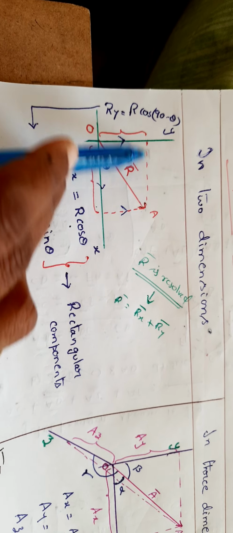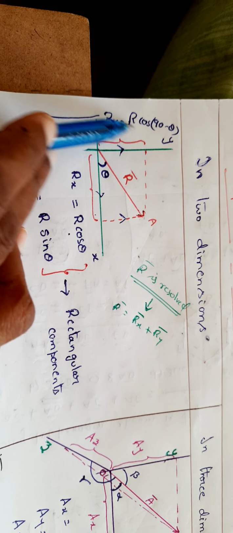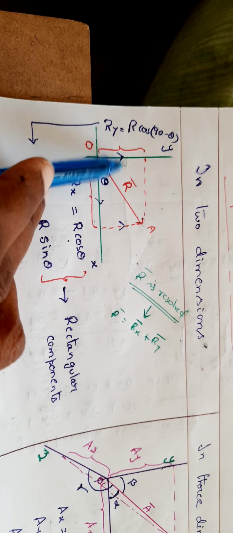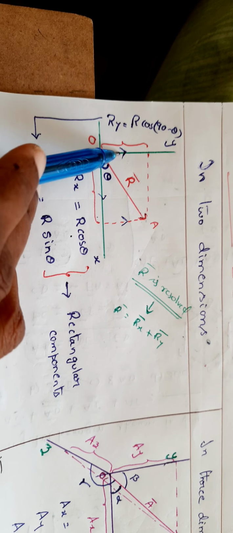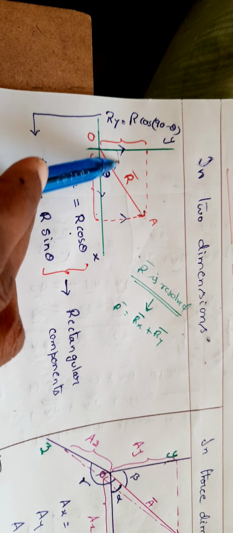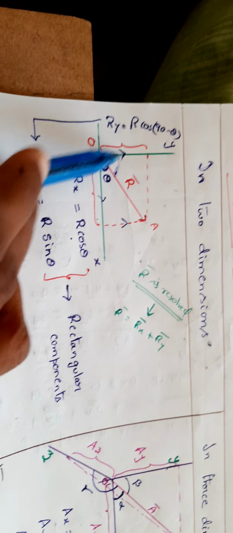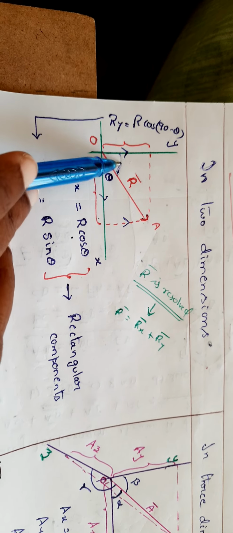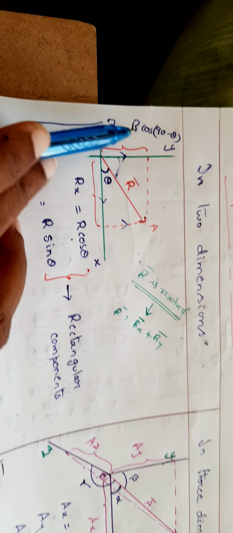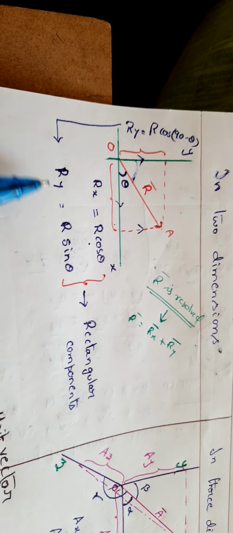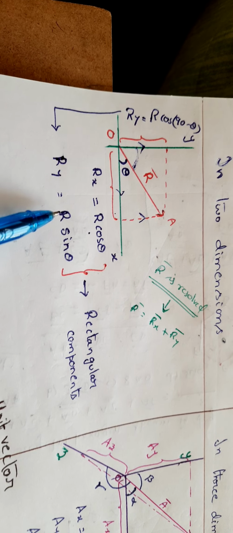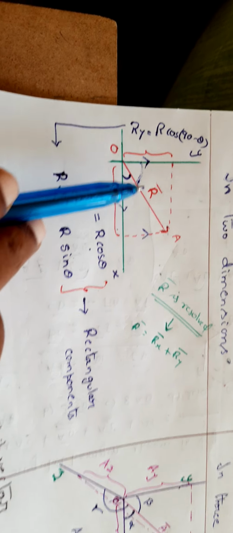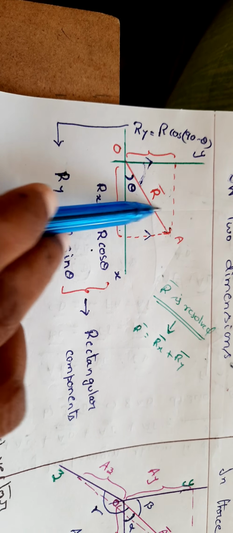Now if you project the r bar onto y-axis, what will be the size of it? It is going to be r cos 90 minus theta, is it not? If theta is here given, it is r cos 90 minus theta. What is r cos 90 minus theta? It is sin theta, r sin theta. So you have the value of this r bar.